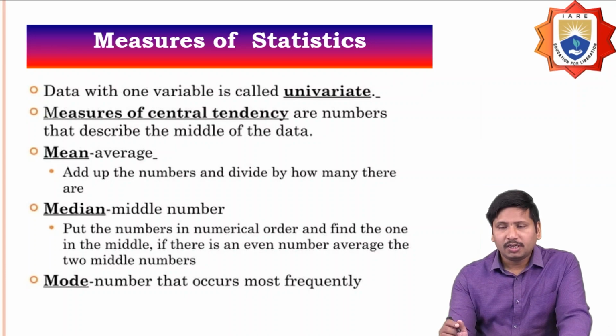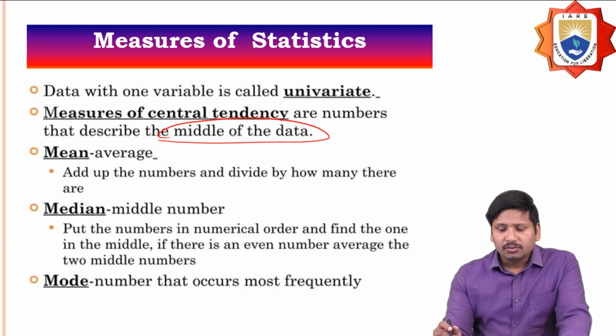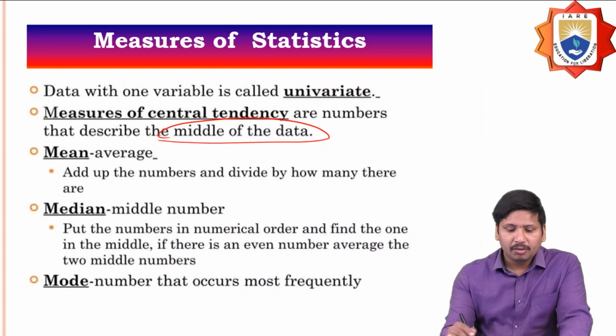Measures of central tendency are numbers that describe the middle of the data. They are the mean, the median, and the mode. The mean is one kind of measure, and its other name is the average.